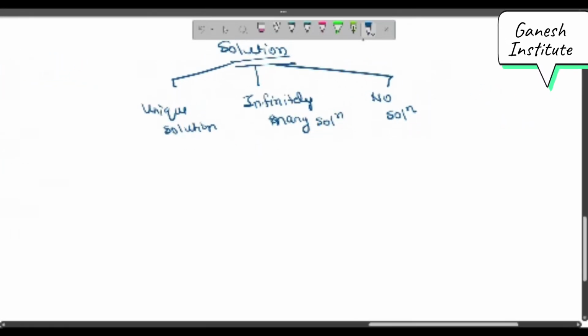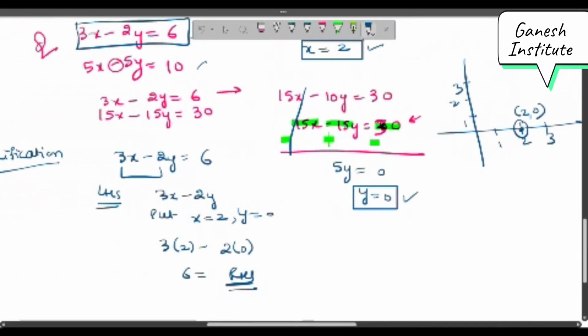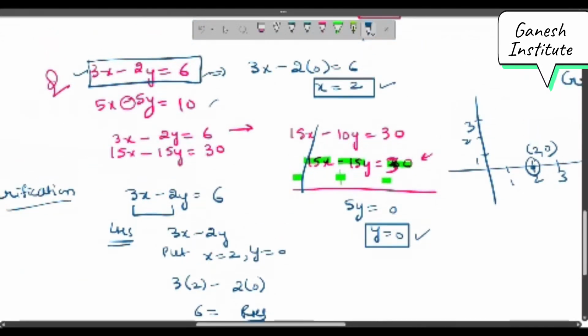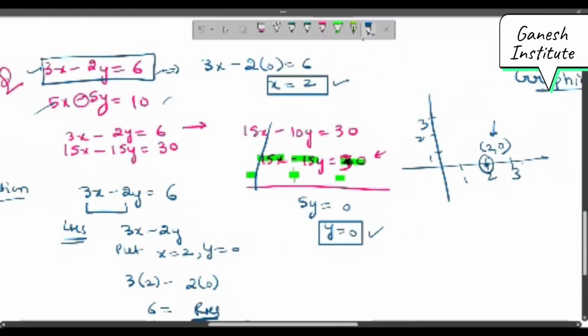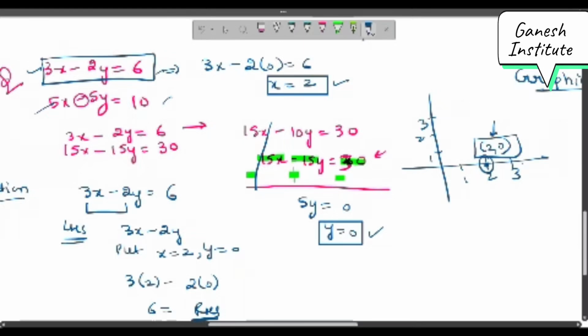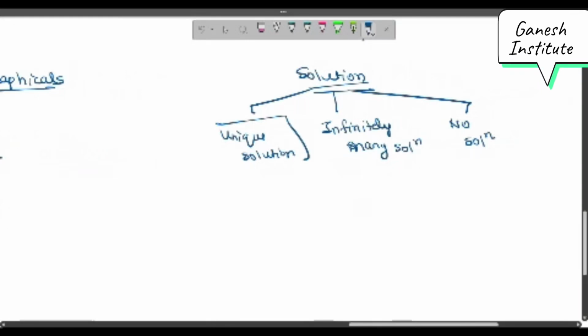Just explain them, and then I can write it down afterwards. Sure. So for instance, let's say I had this equation. I got this 2 comma 0 as my solution. So I had only one particular answer which can satisfy both of them. So I'll say that this equation has only one solution, that is a unique solution.